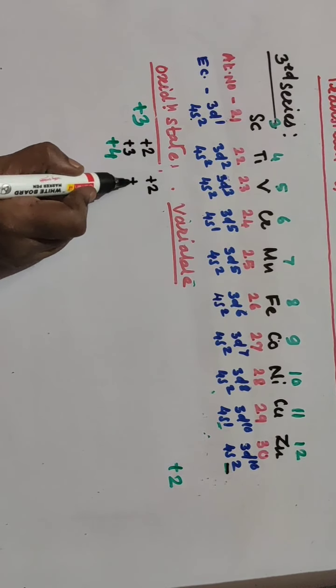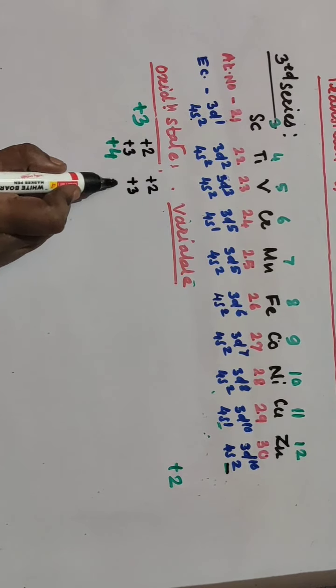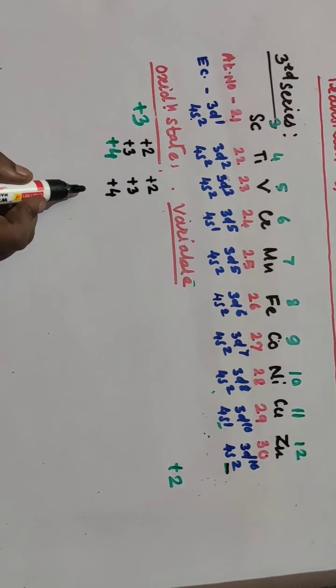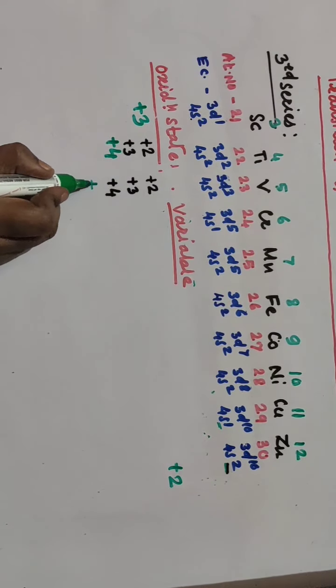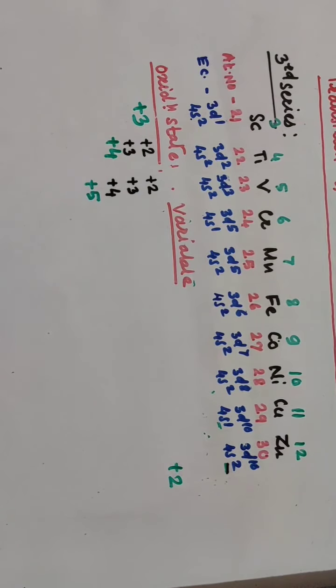Then it can show +3 oxidation state, then +4 oxidation state also, and the last one is +5 oxidation state. So overall 5 electrons are there in the outermost shell, so it can remove all the 5 electrons and show the +5 oxidation state, and this is a stable oxidation state here.